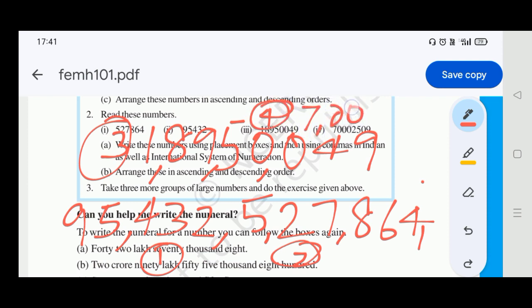The last number would be 7 crore. Lakhs is 0. So it is 2,509.